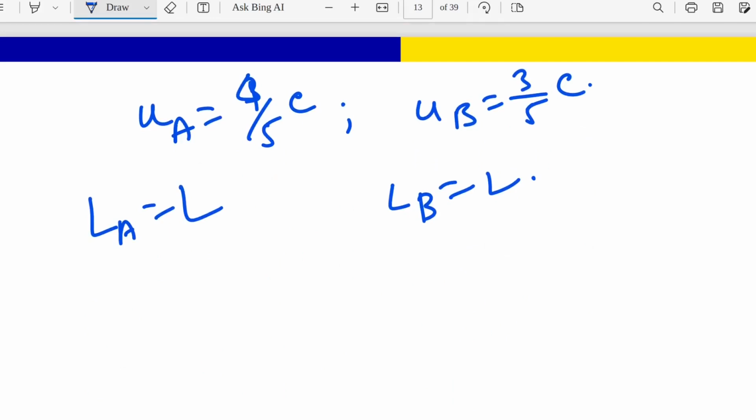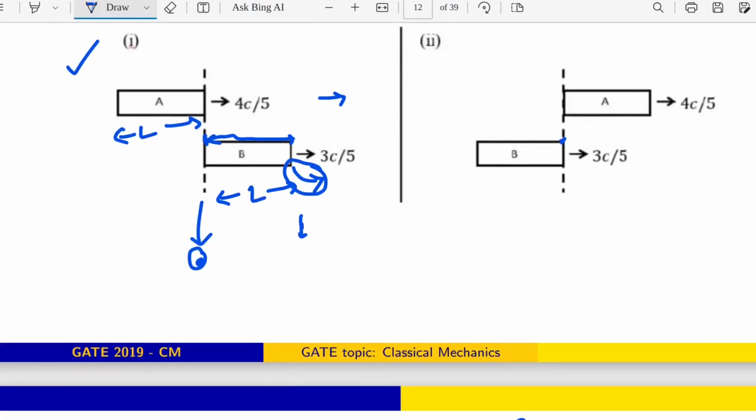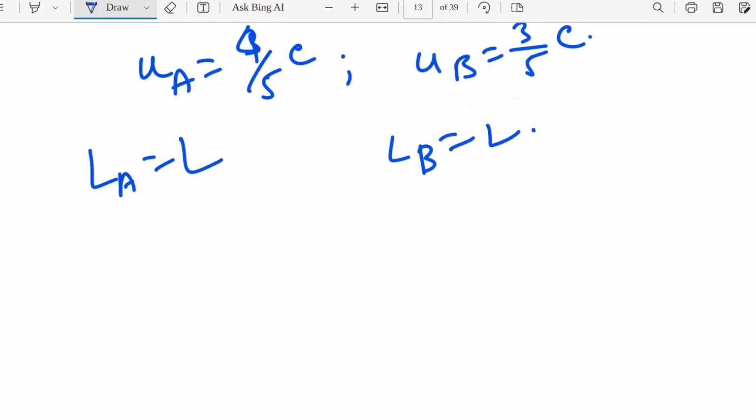So first of all, what we need to calculate is, from the B spaceship, what will be the relative velocity between A and B. There is an expression for the relative velocity between A and B, which we are going to measure from the B spaceship.